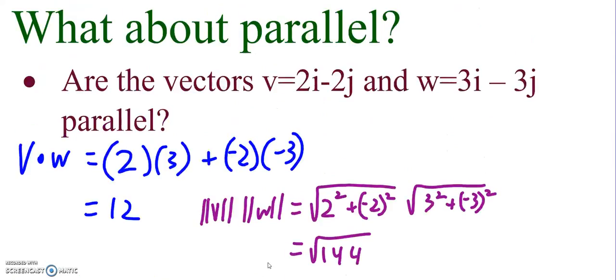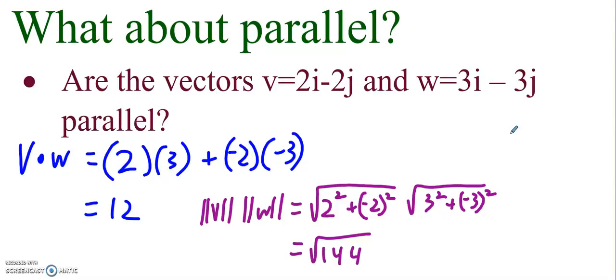Now that should also make sense, because think about what these vectors look like. 2i minus 2j is saying that I'm going 2 to the right and 2 down. 3i minus 3j is saying that I'm going 3 to the right and 3 down.